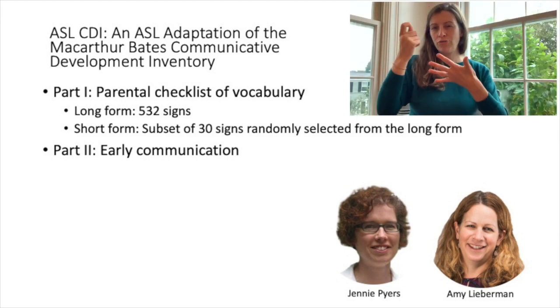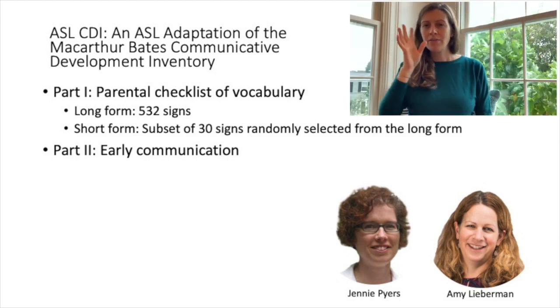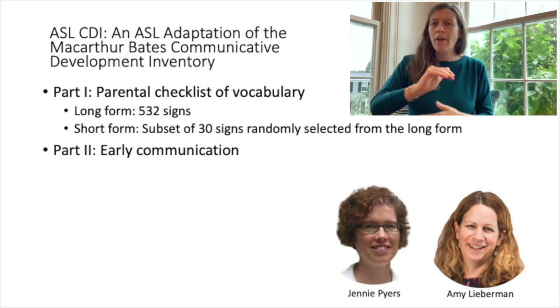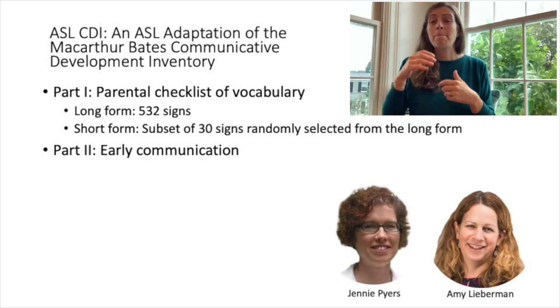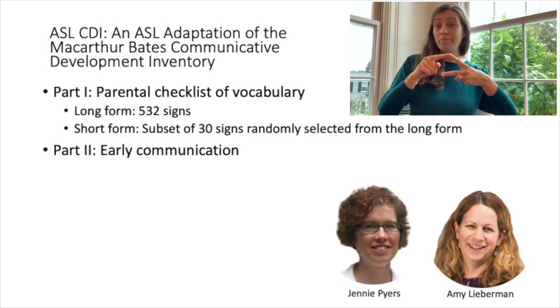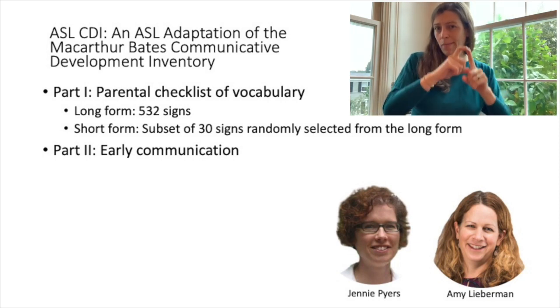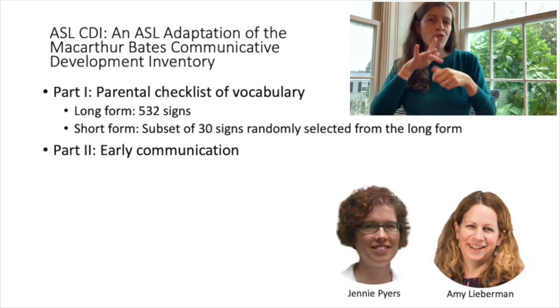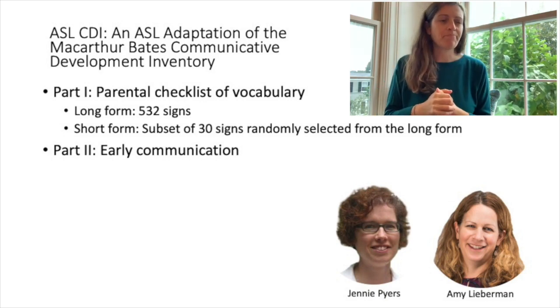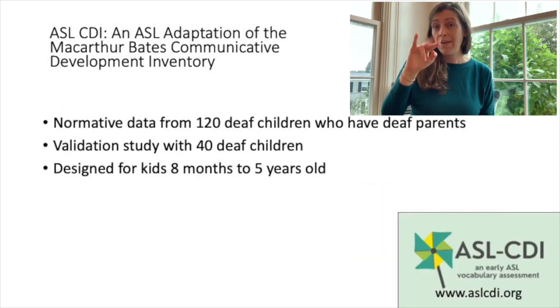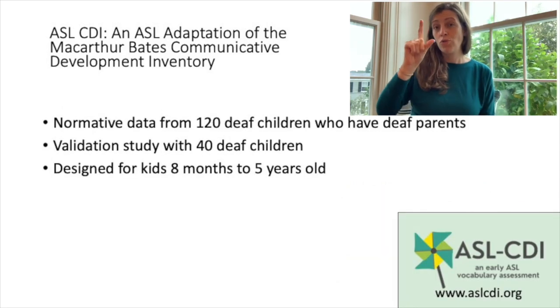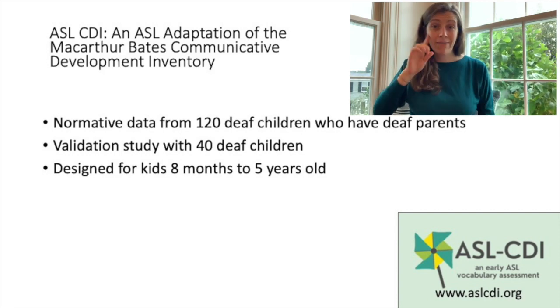The ASL-CDI is a parent checklist where parents report on their children's language abilities. The first part focuses on vocabulary, and the second part focuses on early communication. We've collected normative data from 120 deaf children who have deaf parents.